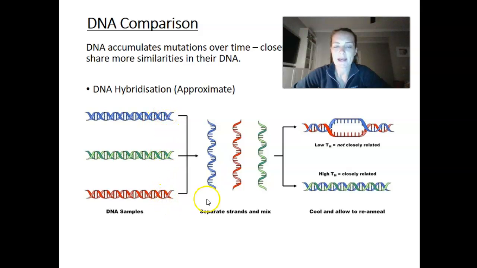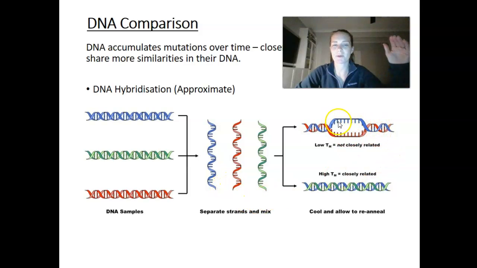They are denatured and separated so that they become single-stranded. So if we heat DNA to a high enough temperature, the double helix will come apart and we'll have single-stranded DNA. We can cool that mixture down so that we have sequences line up with each other, and sometimes we'll get that hybrid DNA form.